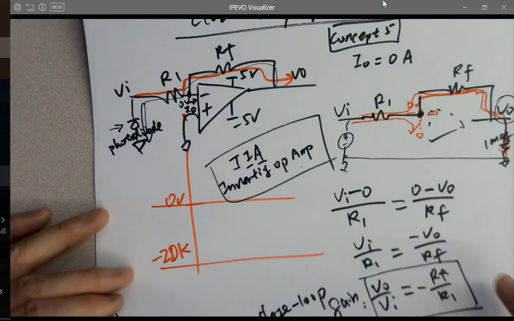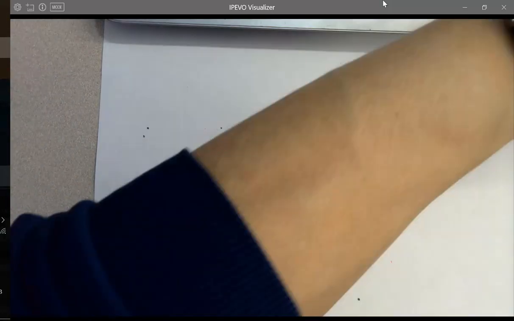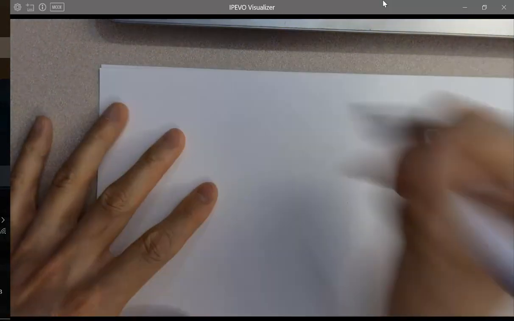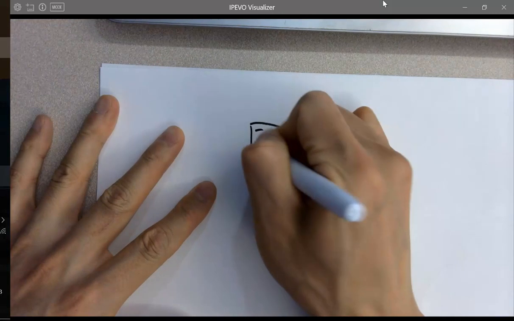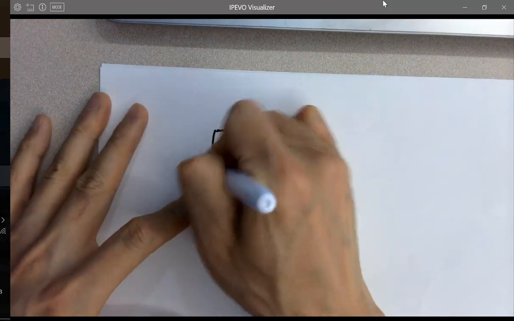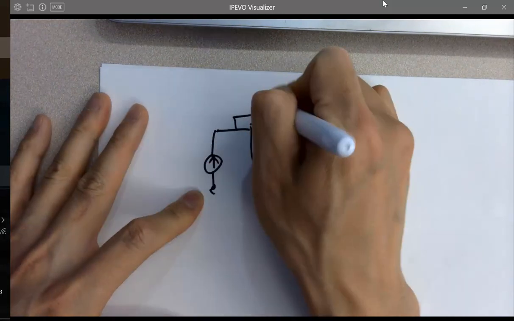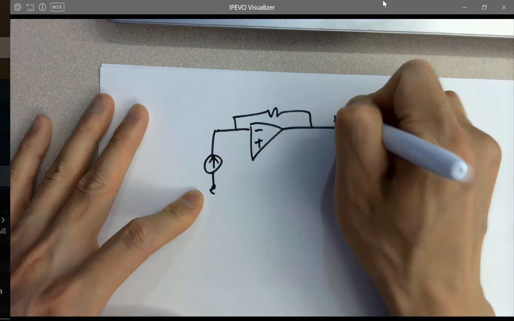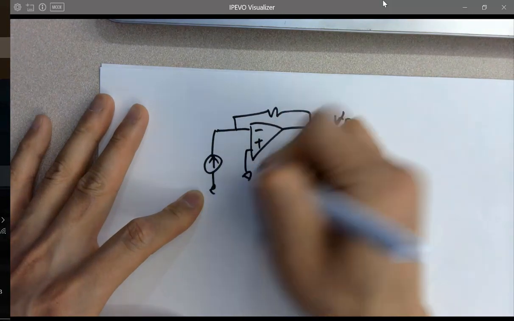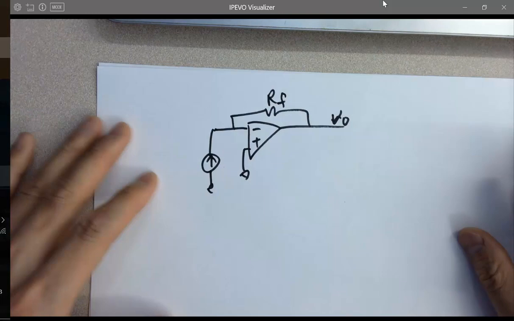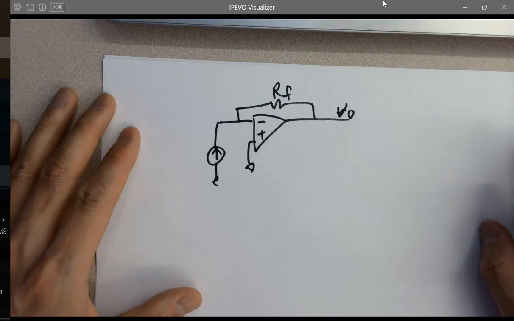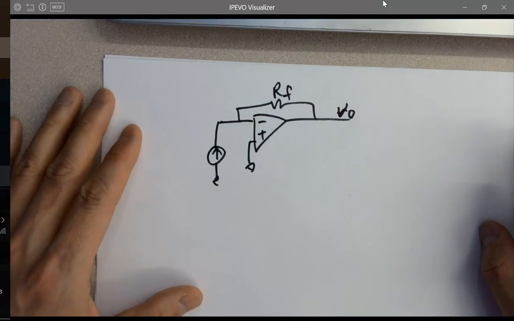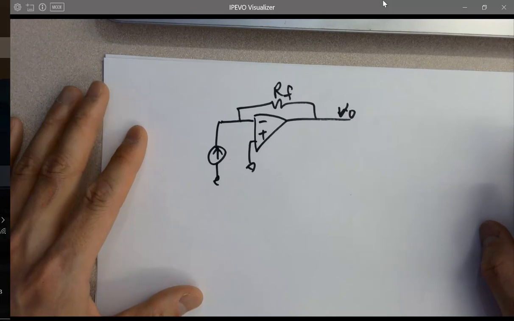So I'll give you another example which will be more intuitive. What if I don't have the R1? Is this going to work? It's going to work.